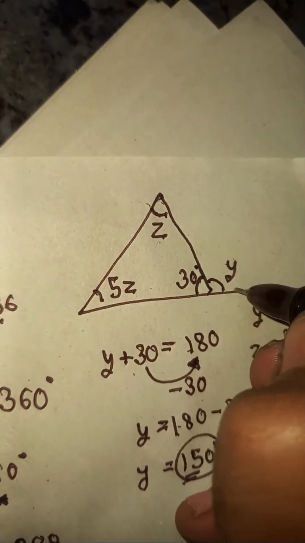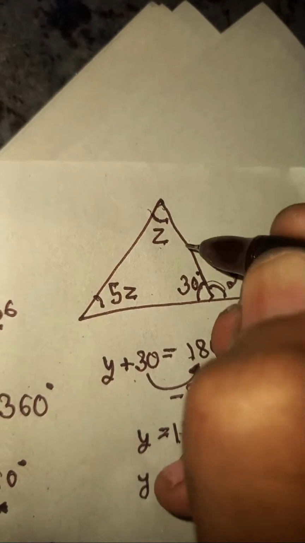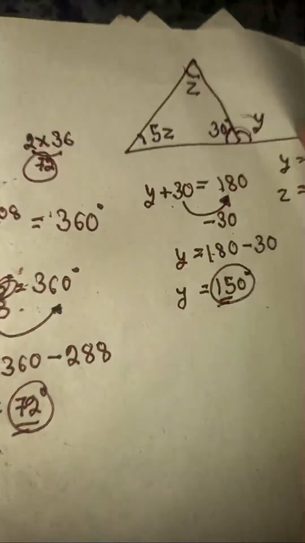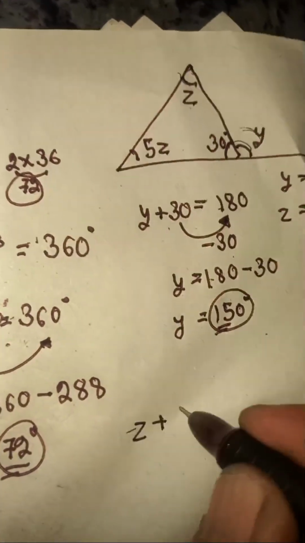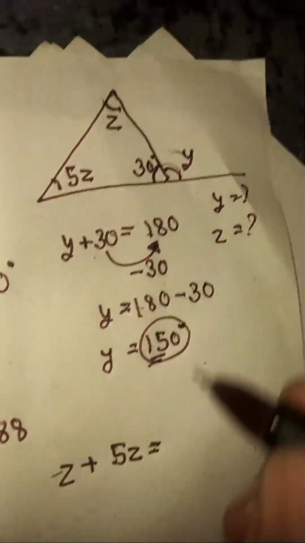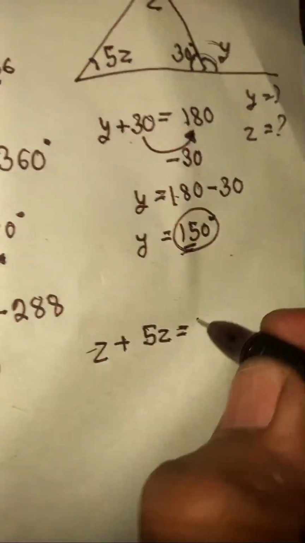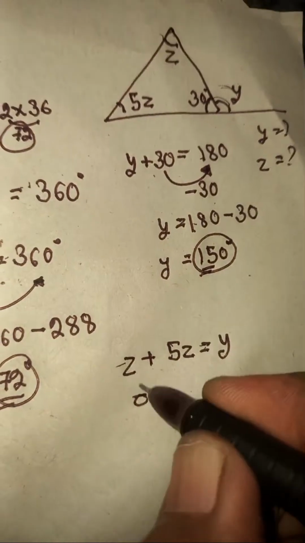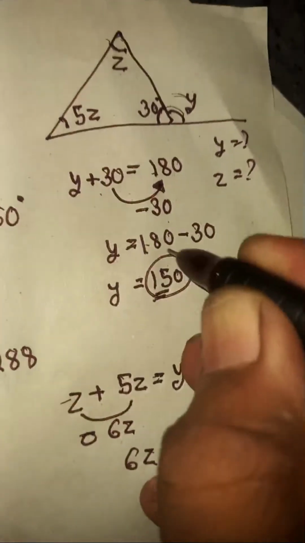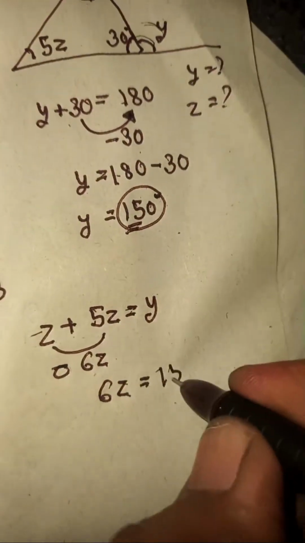And now this y becomes this exterior angle, equal to the sum of the interior opposite angles. So you are going to get z plus 5z. These two angles, z plus 5z, equal to this angle, that is y. Here z plus 5z becomes 6z. 6z equal to the y angle they have given, 150 degrees.